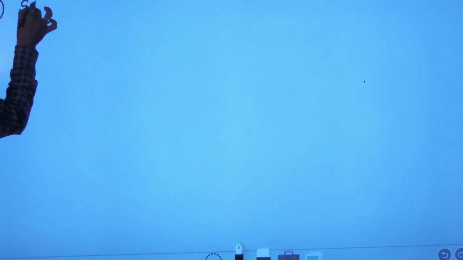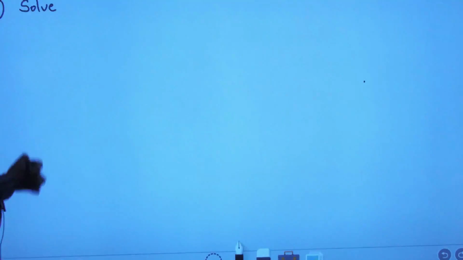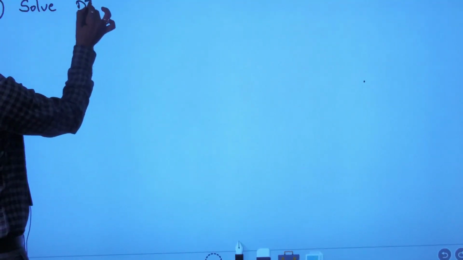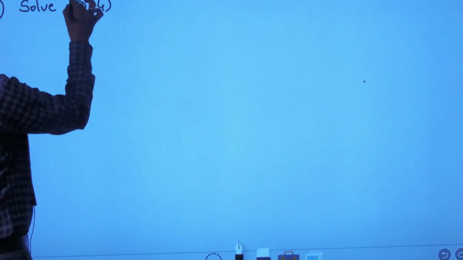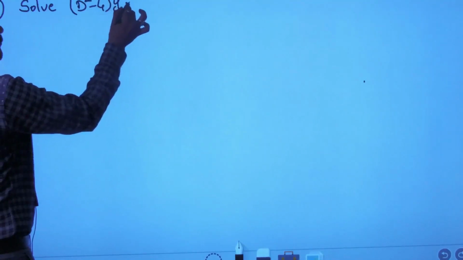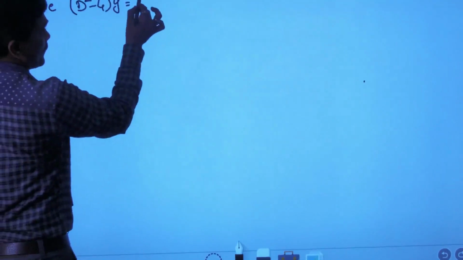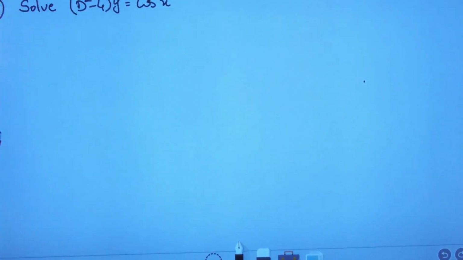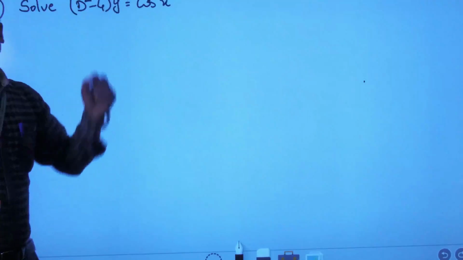Okay, the next problem is to solve d square minus 4 of y is equal to cos square x. So here q is cos square x.